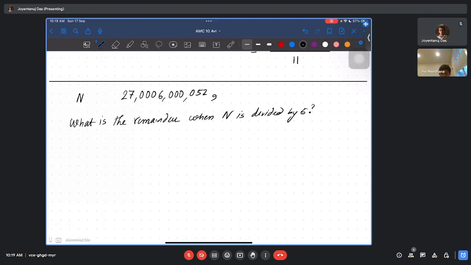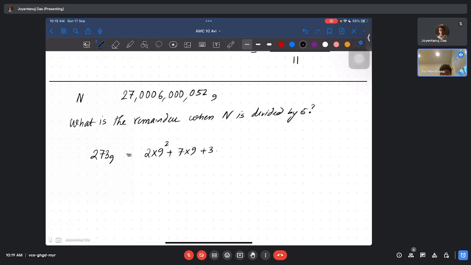So I'll tell you what a base representation is, with a smaller number. Suppose 273 in base 9 is there. Then it's 2 times 9 squared plus 3 times 9 plus 3, right? So this gives the corresponding number in decimal. Does that representation work for every base? Yes, this is general.